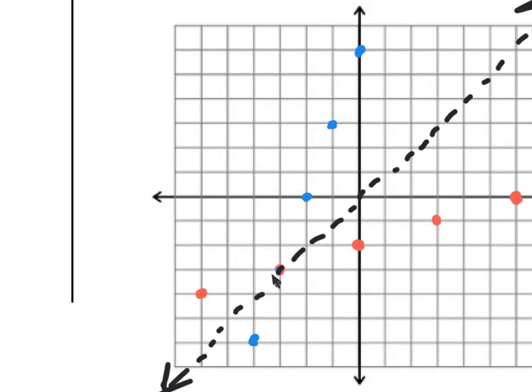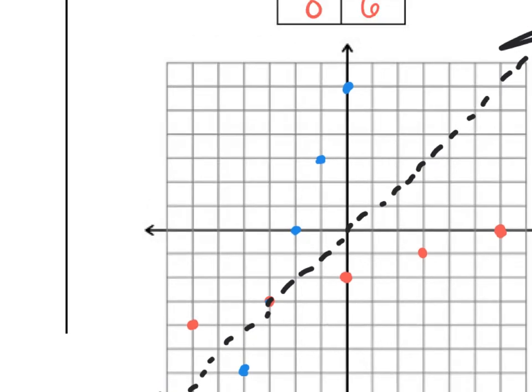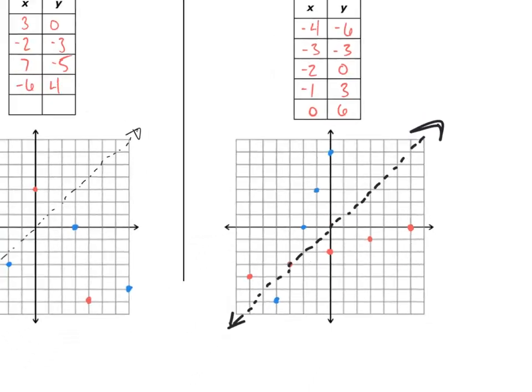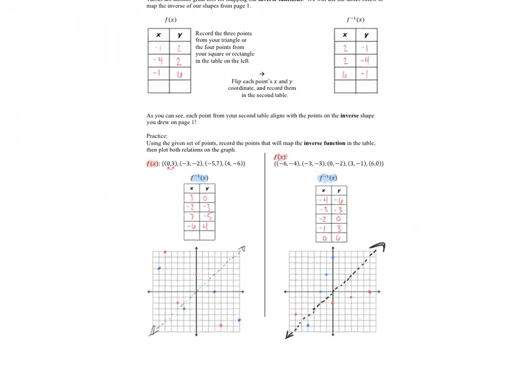Because it's sitting on the line, when you reflect it, it stays right on the line. So -3, -3. When you flip that point, it's still just -3, -3, right? In the table, still just that same point. So when you reflected them, you still ended up with just a point that's sitting on that line. So something kind of interesting with those points.